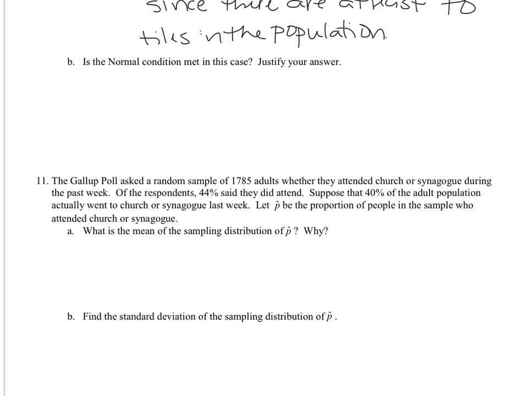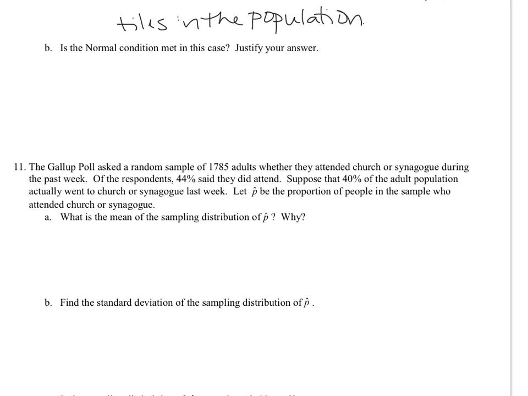Is the normal condition met? So remember that the normal condition is n times p is greater than or equal to 10, and n times 1 minus p is greater than or equal to 10. So, on this one, if you think about what is happening in this problem, it's going to be 7 times some proportion of 7 is going to be greater than or equal to 10.